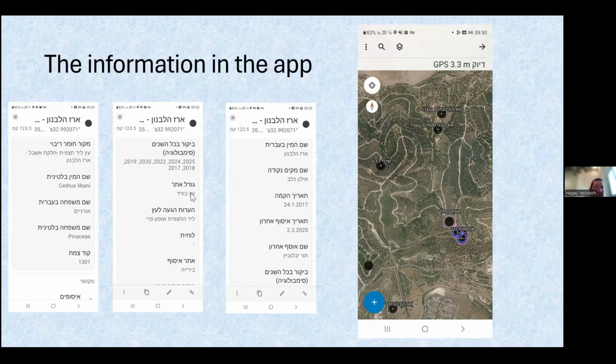Is it one tree, a few trees, a plot of trees, how to get to the tree, which forest, the name of the tree in Latin, the family name of the tree, and so on. So we have a lot of knowledge, and as I said before, we even have a picture of the tree. So it's a lot of information about all the seed and fruit collection.